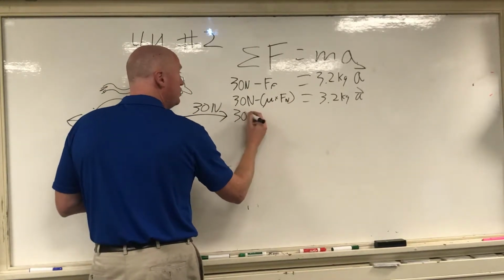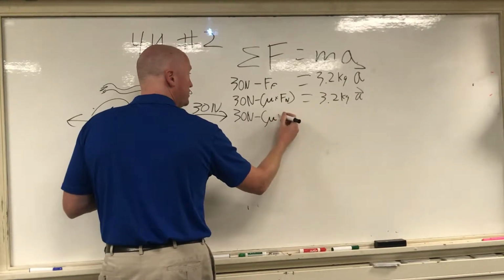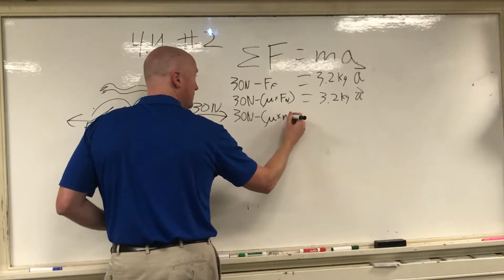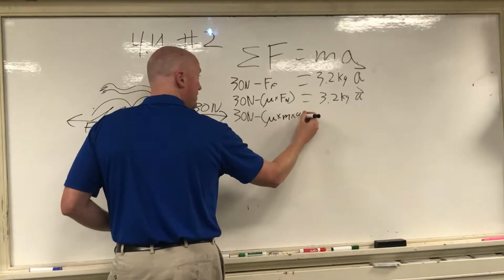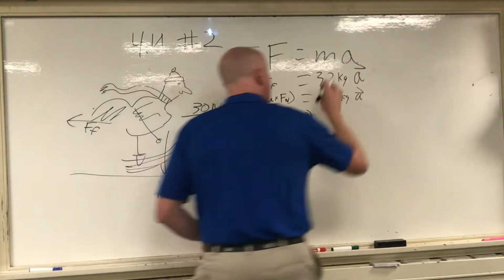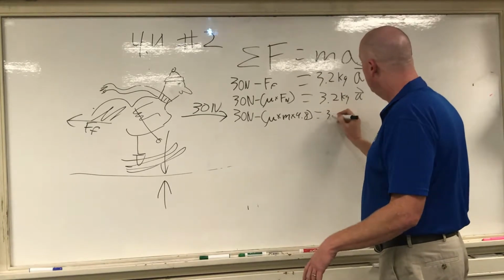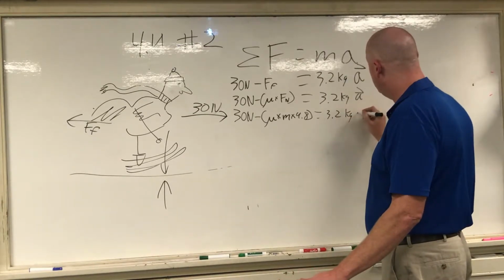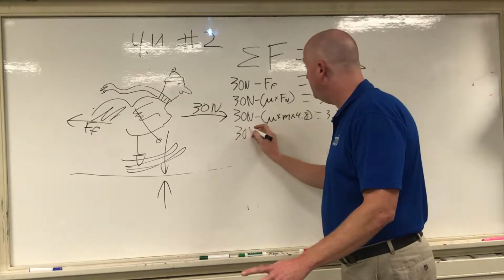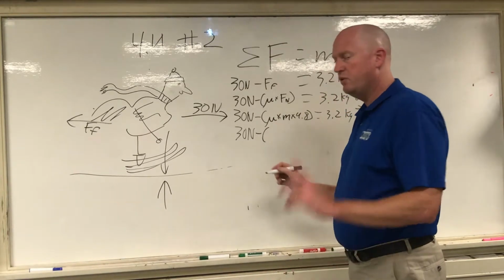So in fact, it's 30 newtons minus the coefficient of friction times your mass times 9.8. Now, the mass we already have, it's the same chicken, same mass. That'll be 3.2 kg. So I'm ready to start filling in. 30 newtons minus, now wait a second here.